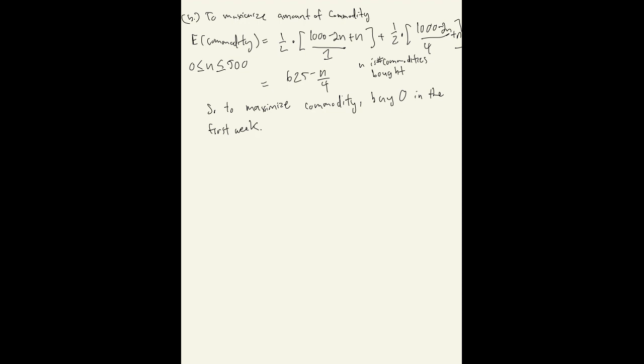Which makes sense because we spend 2n in the first week, so that's just the remaining amount of money that we can get commodity with. So after we get the expected value of the commodity, we get a decreasing function of 625 minus n over 4. So to maximize commodity, we buy 0 in the first week.